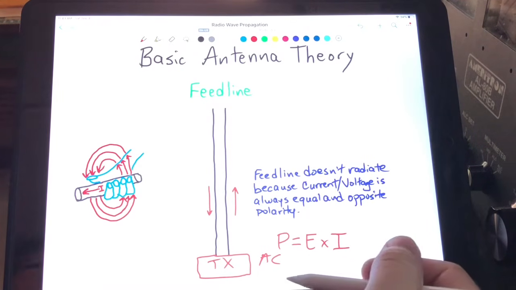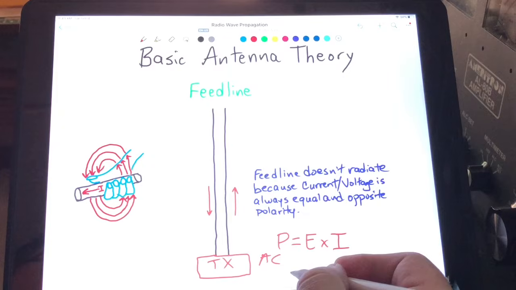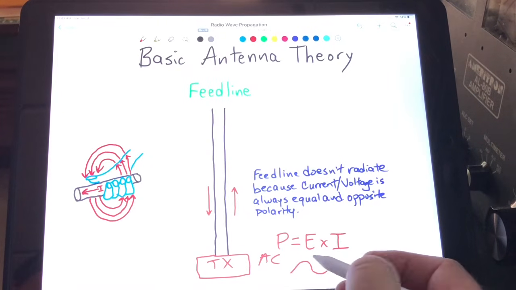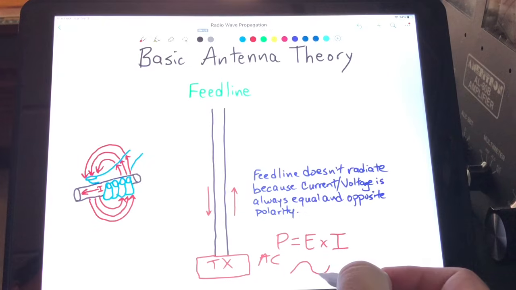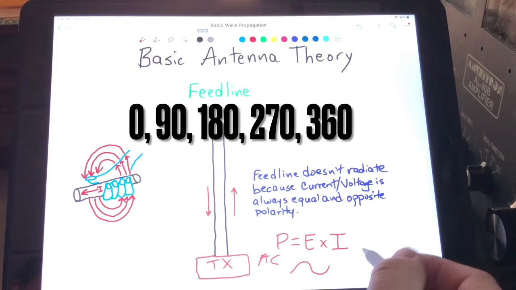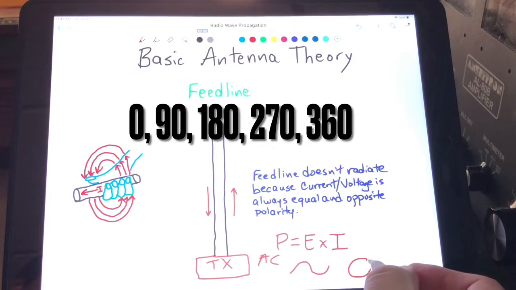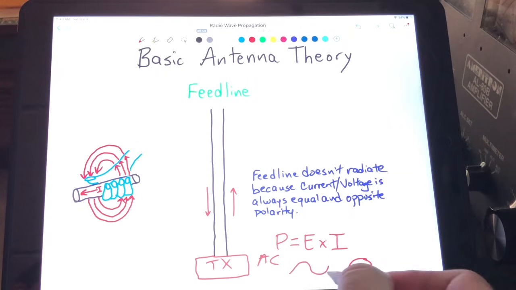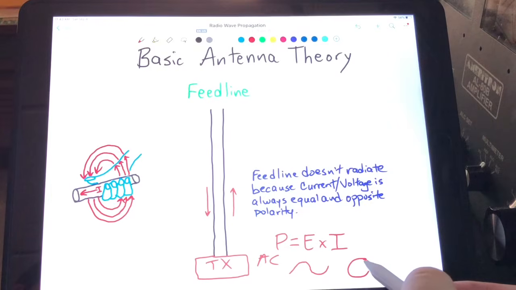Now, what we mean by cycles per second, the sine wave, that represents alternating current, 0 degrees, 90 degrees, 270, and 360, and really it makes a complete circle or a cycle, okay? And the number of times it does this in 1 second we call frequency, and we measure that in hertz.